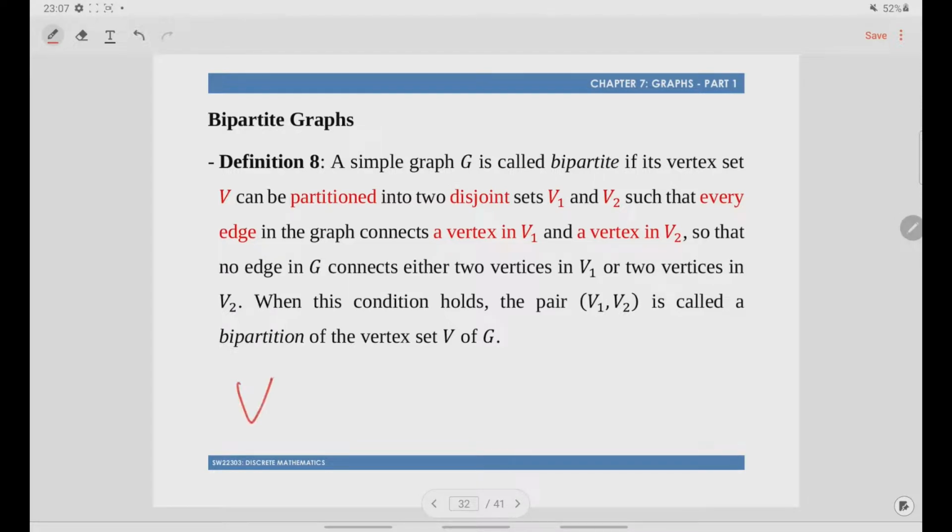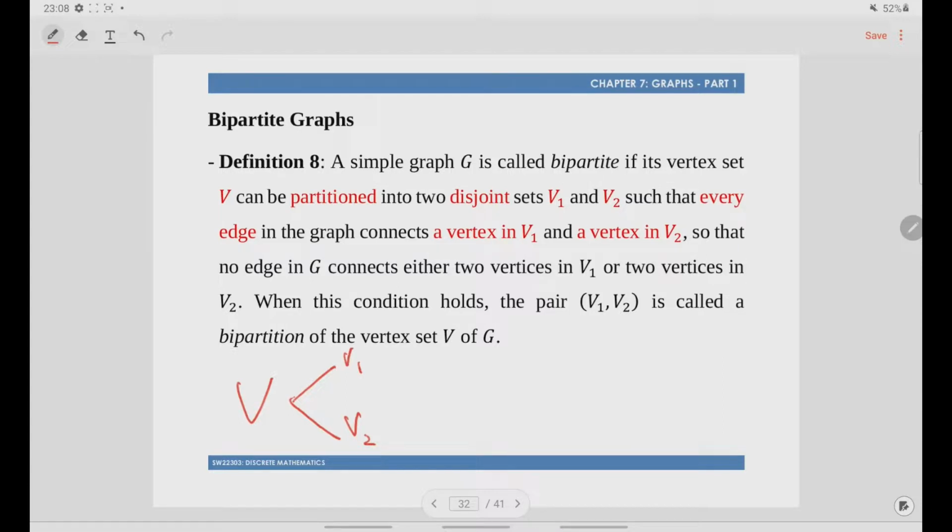The original set is V. Partition means we divide, we separate into two different sets denoted by capital V1 and capital V2, such that every edge in the graph connects a vertex in V1 and a vertex in V2.